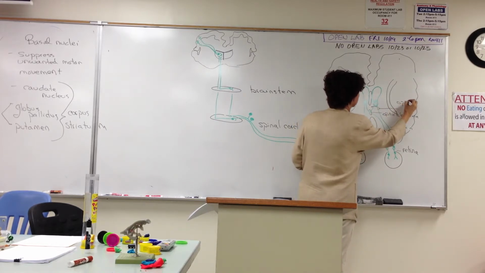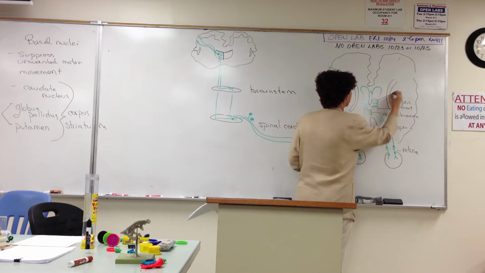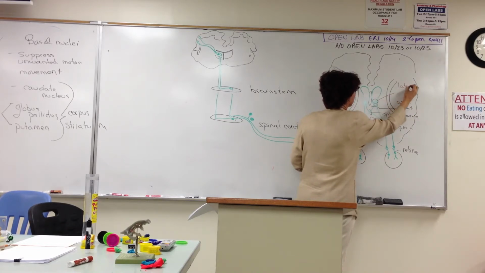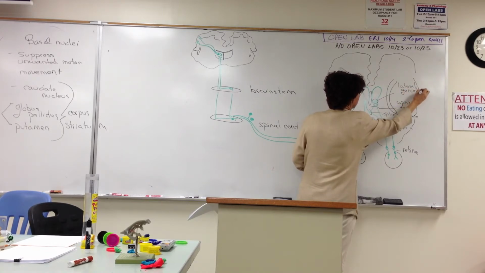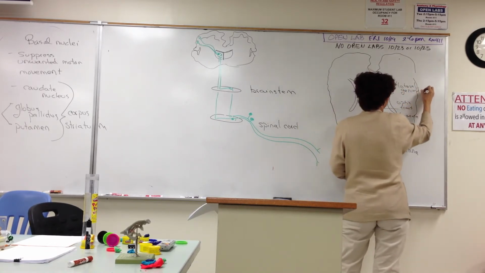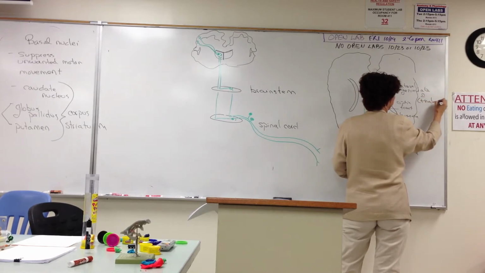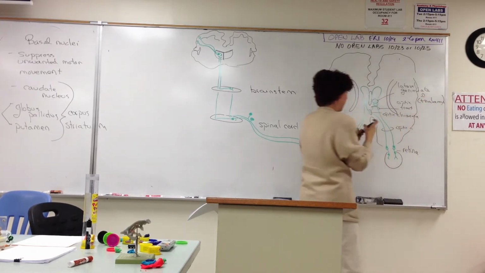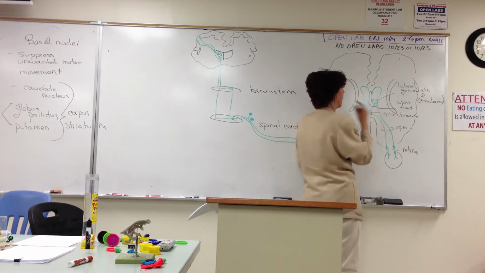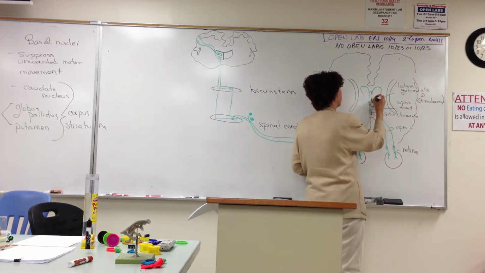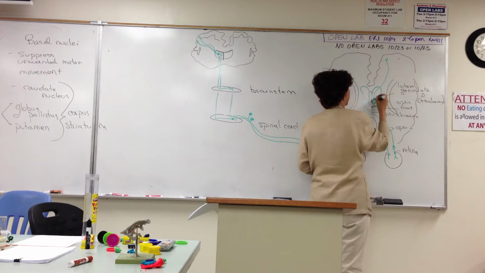Optic tract. Lateral geniculate nucleus of the thalamus, made up of the neurons that are now going to carry this information to the primary visual cortex.